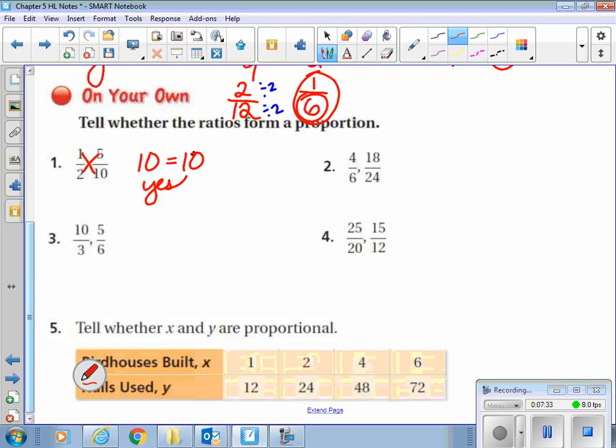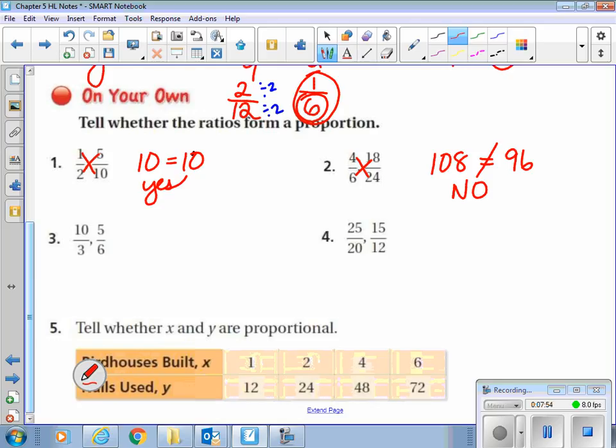In number 2, you're looking at your cross products. 6 times 18 gives me 108, and 4 times 24 gives me 96. These are not equal to each other, so this would be a no. I find the cross products to be a little bit easier.